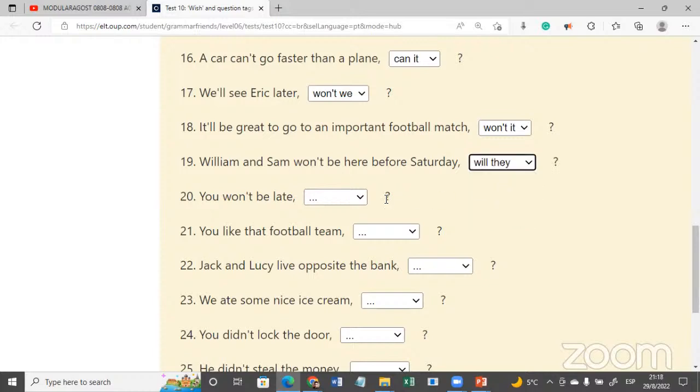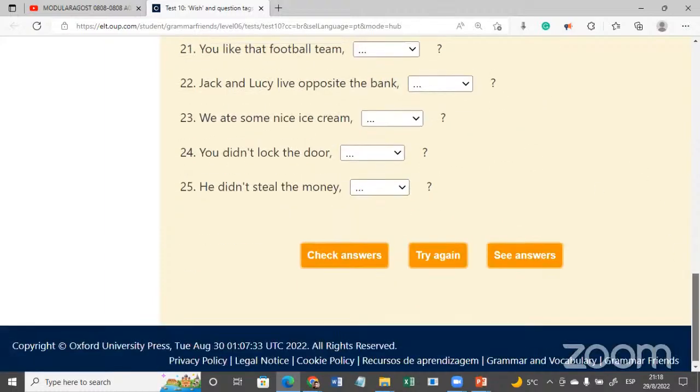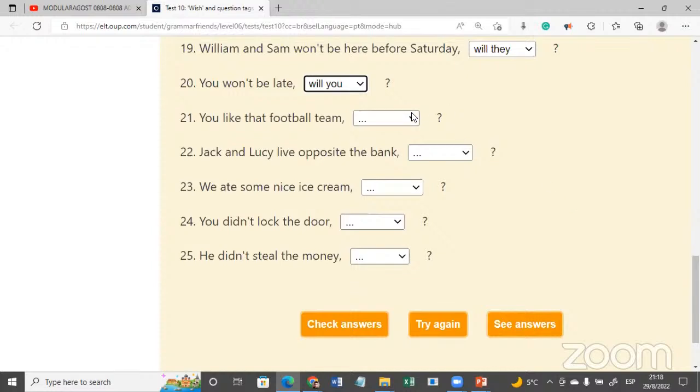Negative, positive. Okay, what about 20? The third. The third one. And 21, what about 21? The first.